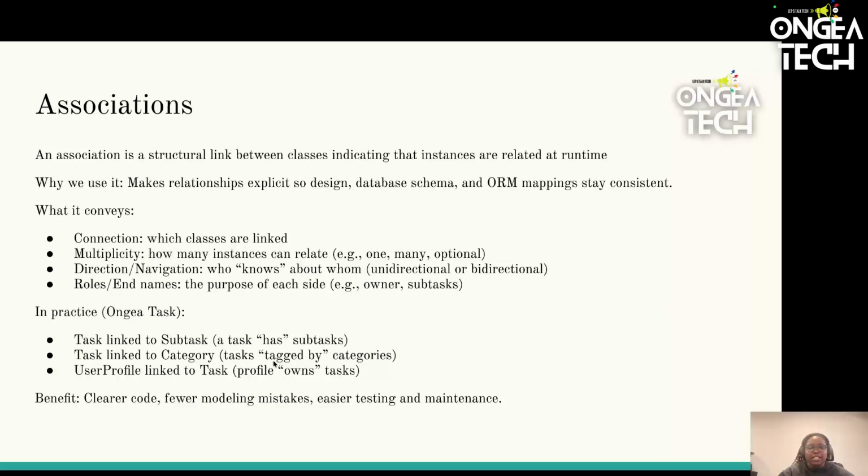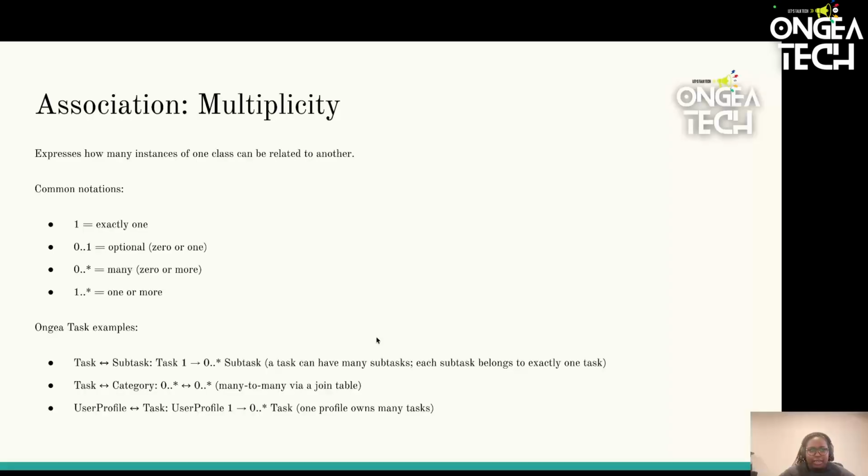We can label it as tagged by. So our tasks are tagged by categories. And then for user profile and tasks, that relationship, we can say a profile... In this sense, no, I'll leave that as an example for you guys to tell me. But a profile owns tasks. So let's see if we can have.